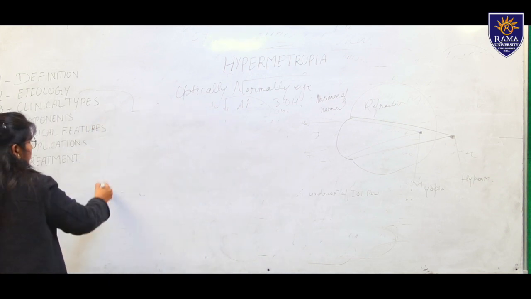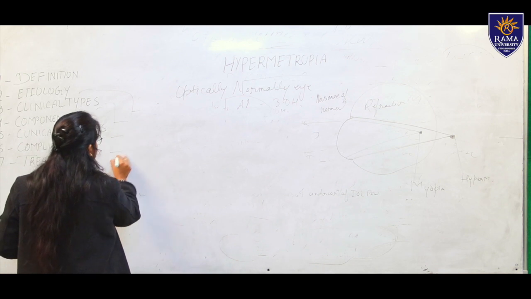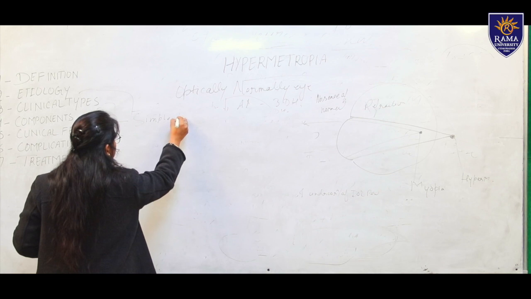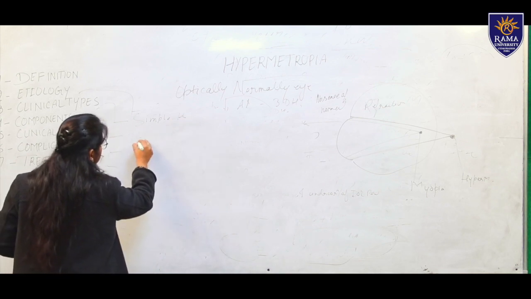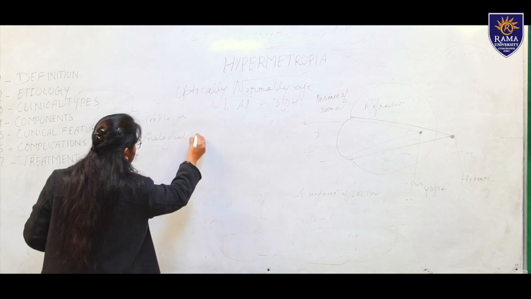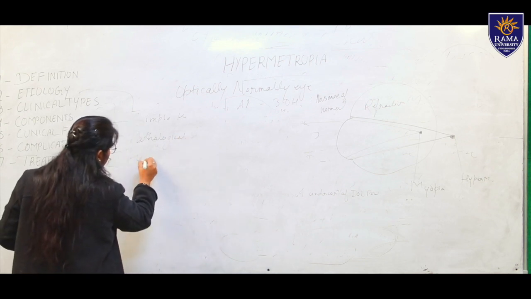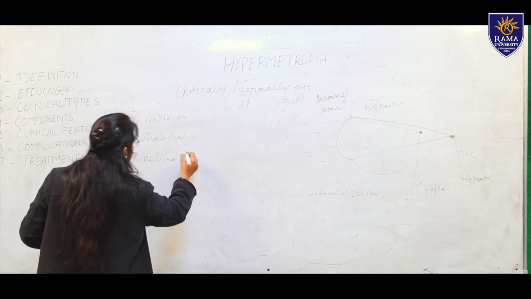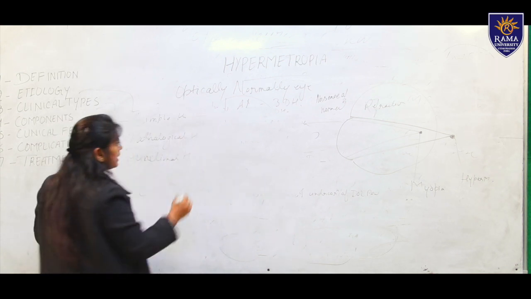Now clinical types. Clinical types are mainly 3 types: simple hypermetropia, second is pathological hypermetropia, and third is functional hypermetropia. What is simple hypermetropia?